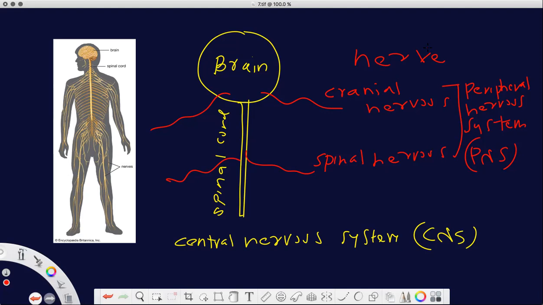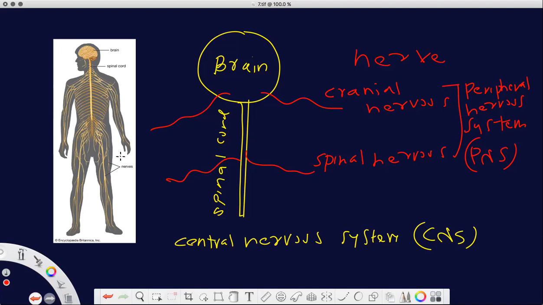Maybe if we take this nerve which is going to the leg, it consists of many neurons. So neuron is the functional unit of the nerve.